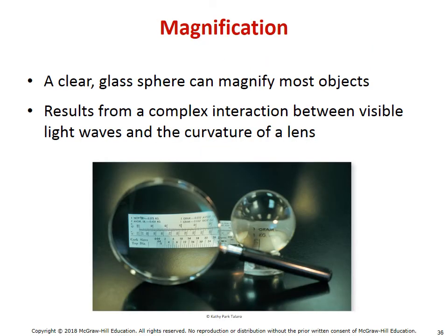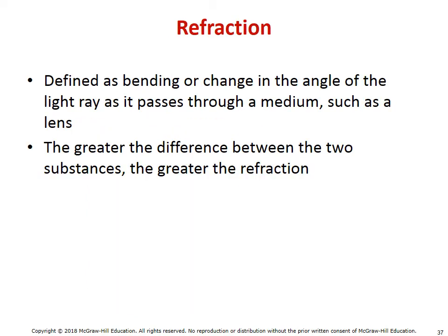So we need to talk a little bit about magnification before we can really discuss how we visualize and use the size of microbes. With magnification, it's important to understand that magnification results essentially from a complex interaction between visible light waves and the curvature of a lens. The idea is by manipulating light, we can create an image that is much larger. So in order to fully do this, we should probably talk about refraction for a bit.